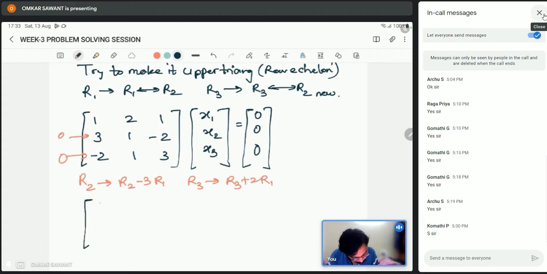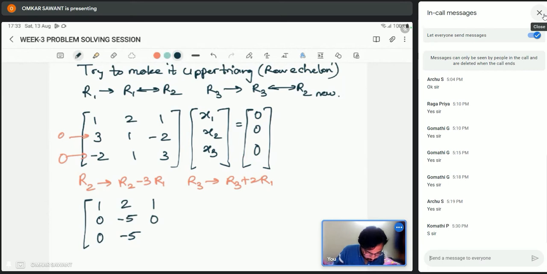So we get 1, 0, 0, then 2, 1 minus 6 is minus 5, 1 minus 6 is minus 5.